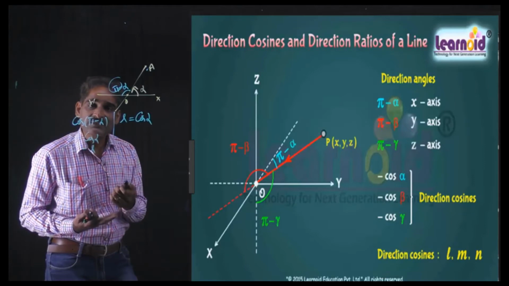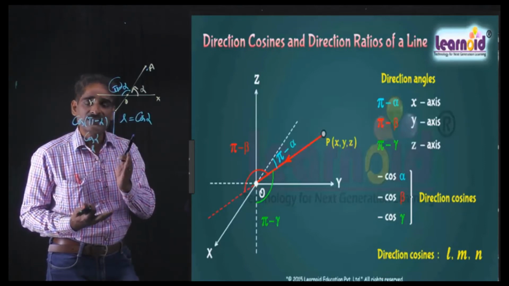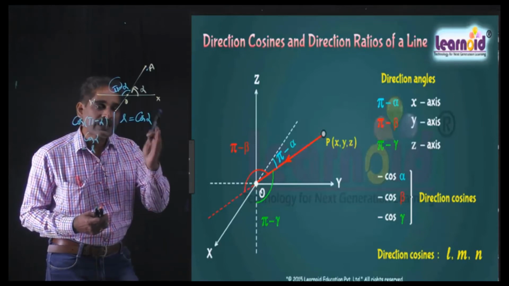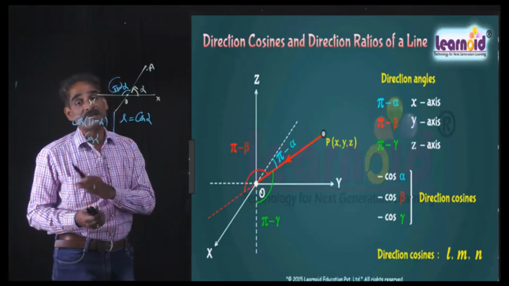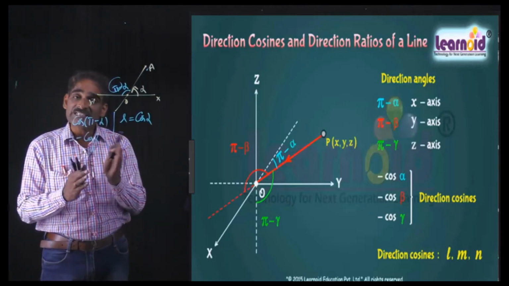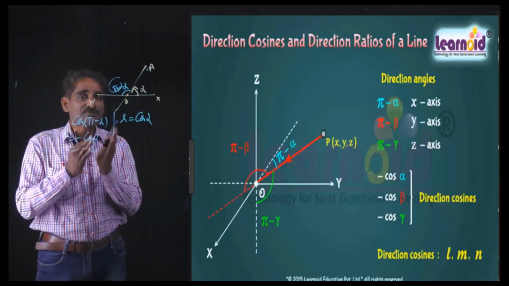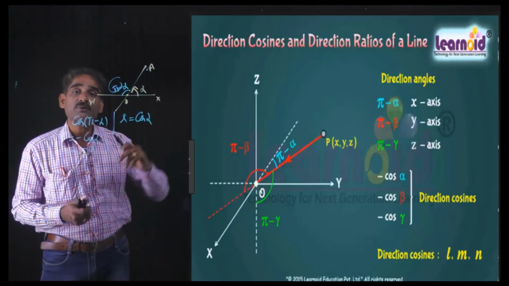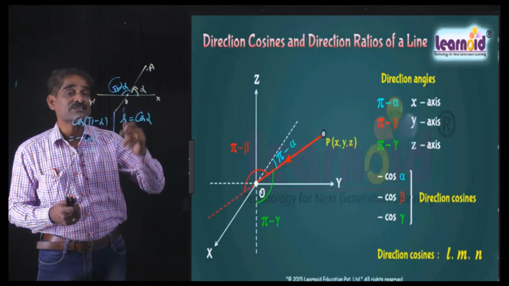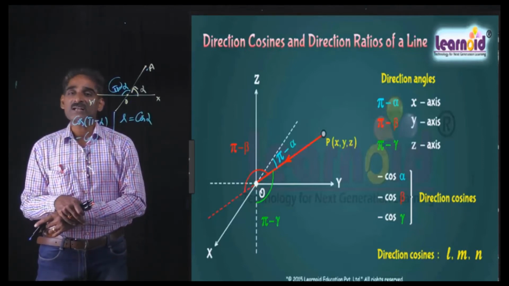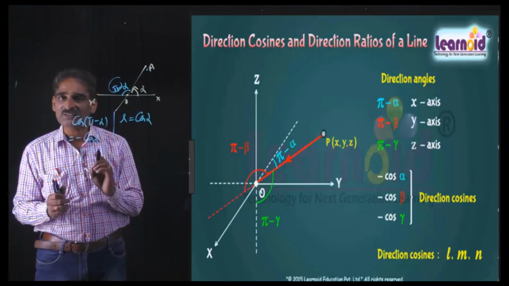That means for the line there exist two sets of DCs, L, M, N and minus L, minus M, minus N. They indicate the same line, but the direction is different. L, M, N are the DCs of OA, minus L, minus M, minus N are the DCs of AO. Understand? It indicates the direction, that's it.